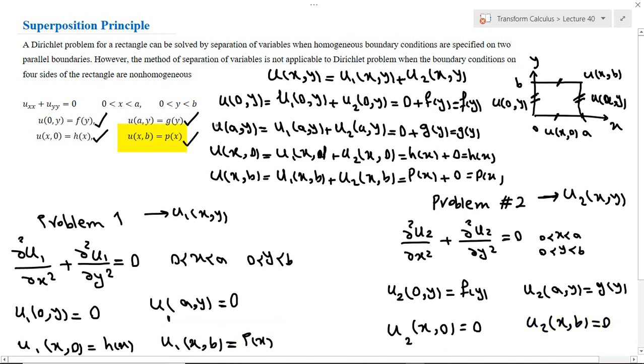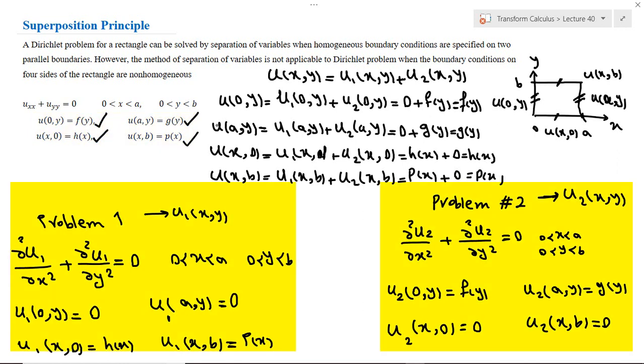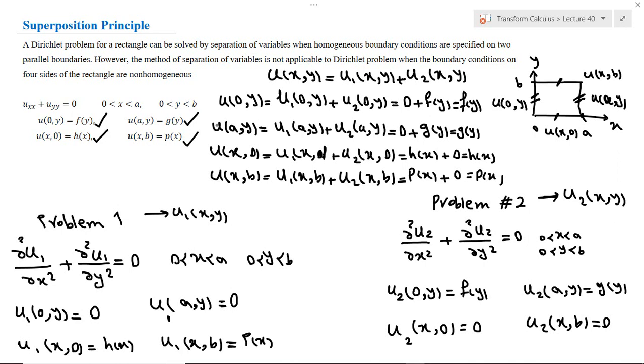Conclusion: if you have a boundary value problem in which the boundary conditions on the two parallel boundaries are not equal to 0, that is, they are non-homogeneous, you have to split it into two problems, problem number 1 and problem number 2, and in each problem you need homogeneous boundary conditions on at least two parallel boundaries.